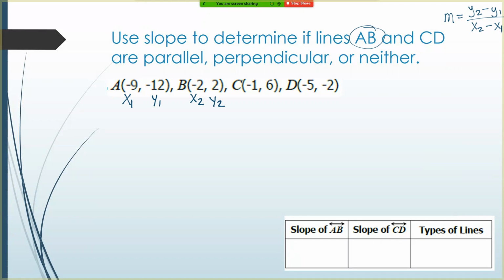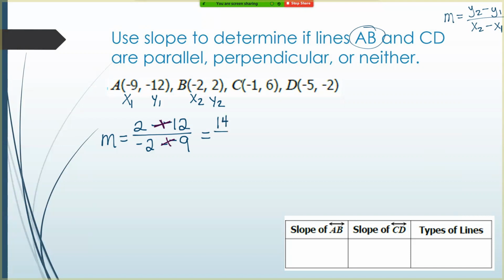So then following my formula, your slope equals y2 minus y1. Careful, we've got a double negative in there. Divided by x2 minus x1. Again, a double negative. So my suggestion is you change those double negatives to positives and then combine terms on the top. So 2 plus 12 now is 14.